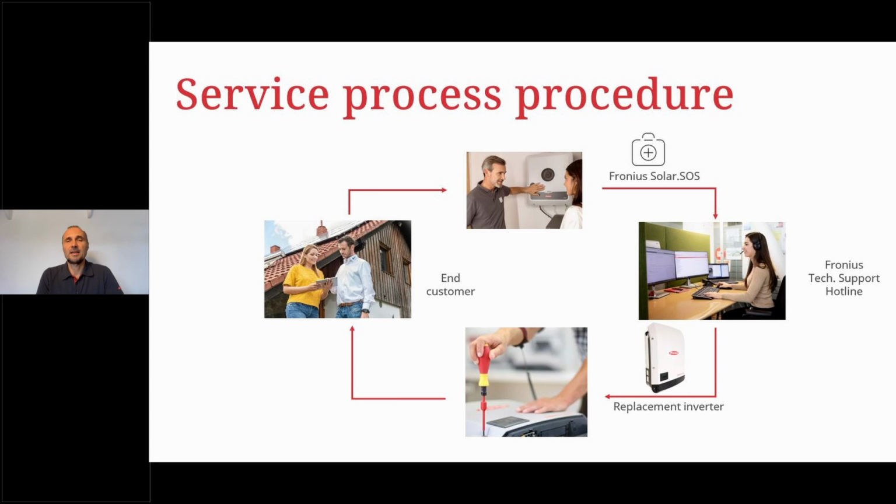Then you can enter this service code in Solar.SOS, or you can also go to the customer, of course, first and enter this data in Solar.SOS. Then you create a service case, which will be sent to Fronius. We will then send you a replacement inverter afterwards, and the replacement inverter can then be replaced at the customer side. Finally, you return the faulty device to Fronius and the service case is closed again.